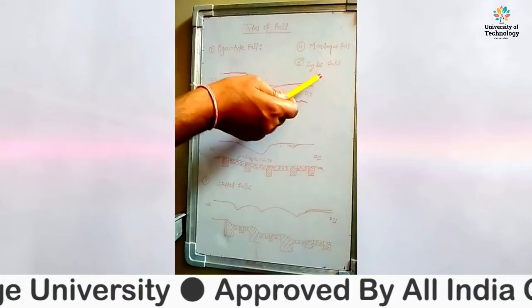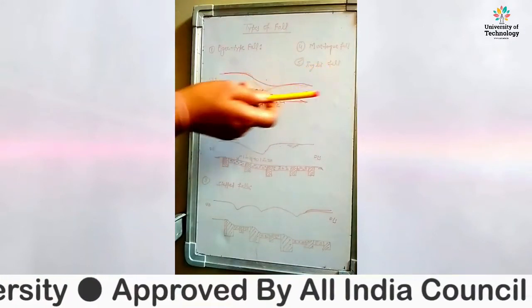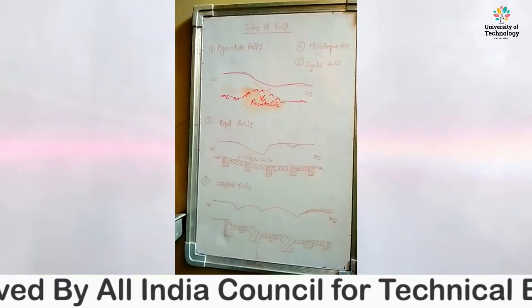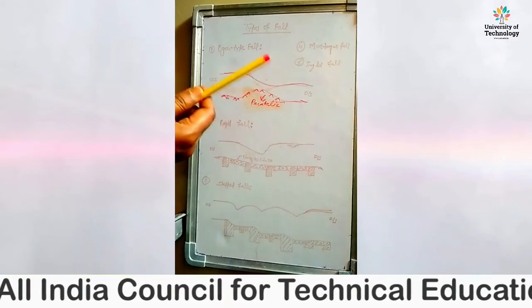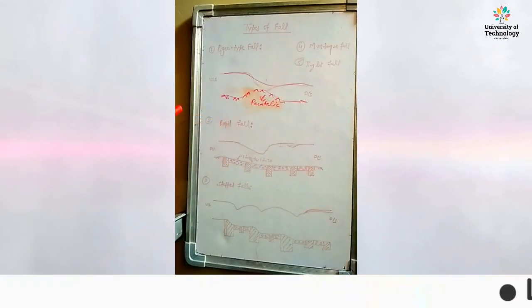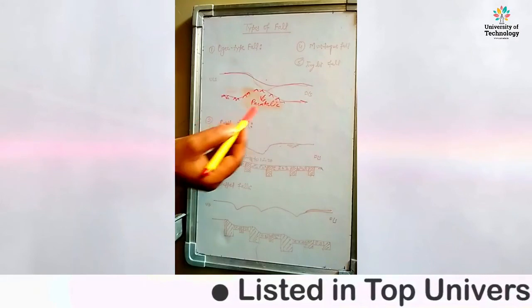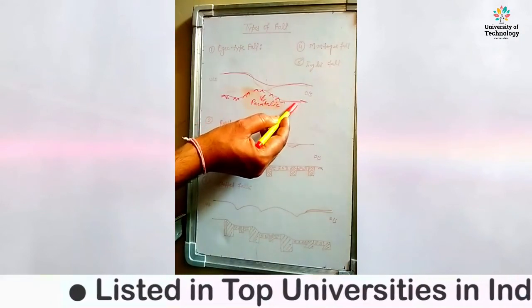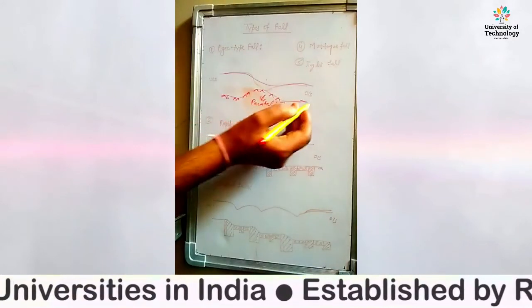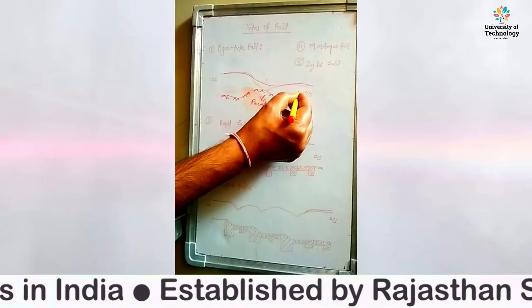And the next one is the English fall. What is the English fall? It is also a modified form of the glacis fall, in which a baffle wall of a certain height is provided after this slope, after this bed.